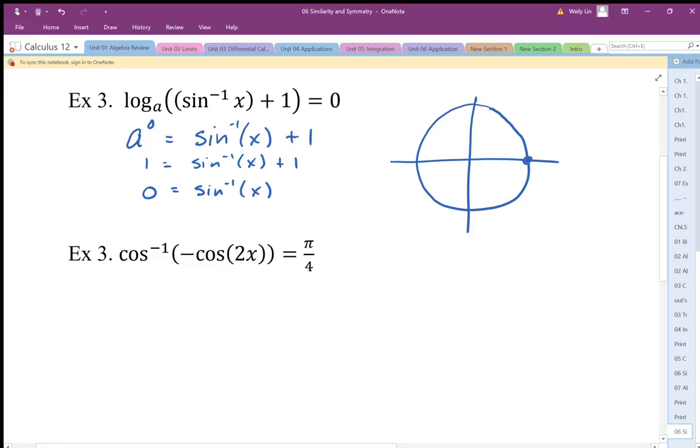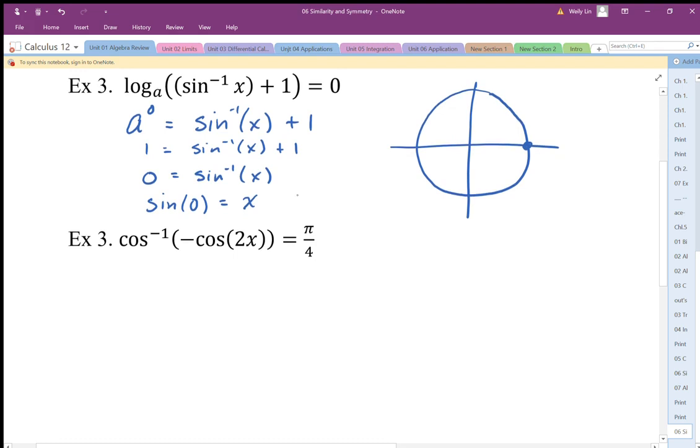So the angle equals 0, so we end up with sine 0 is equal to the value of x. So sine 0, or the sine value at the angle 0, is going to be x equals 0. So the sine value at that point is equal to 0. And the angle part of this, I'm just going to highlight that this is an angle of 0. And that's going to be my 0 angle in here, 0 radians.